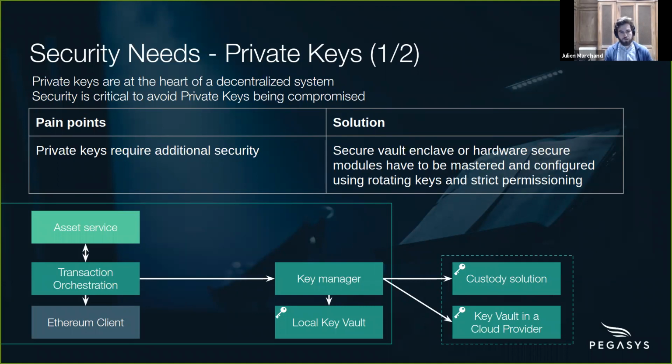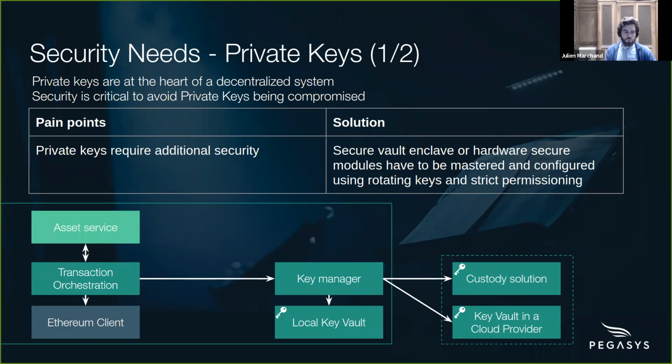Of course, private keys in a decentralized system are at the heart of your system, and having a secure key vault is really essential. You need at every cost to avoid your keys being leaked or compromised, so you have to put in place specific security measures to make sure that they are secure.